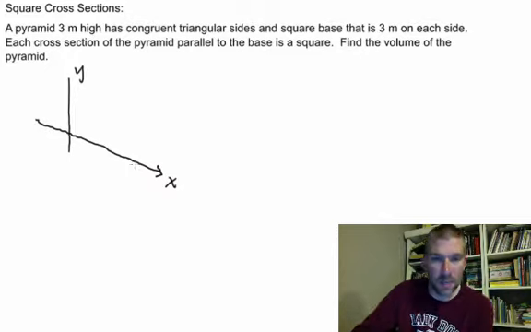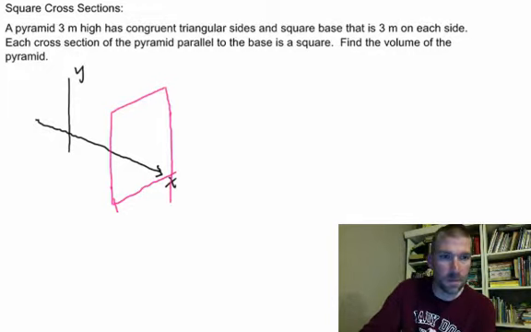And basically what we're looking at here is a situation where we've got this pyramid shape, and it told us it had square pieces. All right, so let me clean this up just a little bit here.